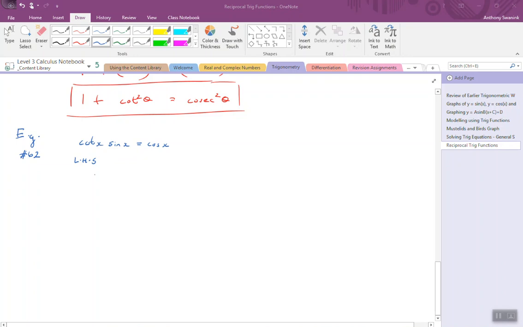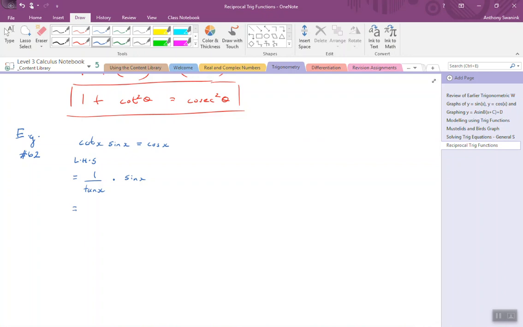So the left-hand side would equal 1 over tangent times sine still. Now don't put equals cos here. What we want to do is we want to take this left-hand side, manipulate it, and end up with cosine. So the next line down would be, well, what can we do with that? Well, 1 over tangent, no point putting it back as cotan, we're just going around a circle there. But we also know that tangent is sine over cosine.